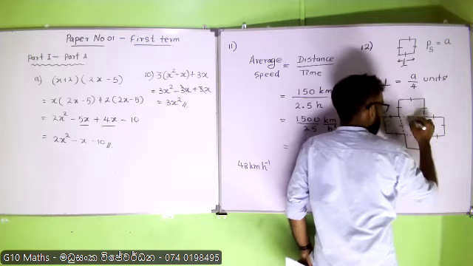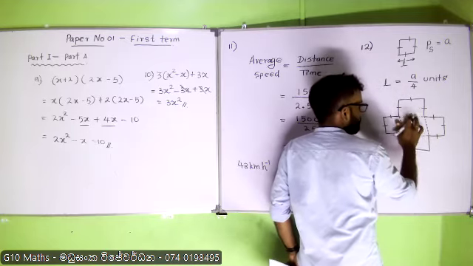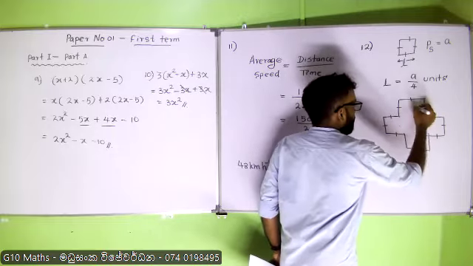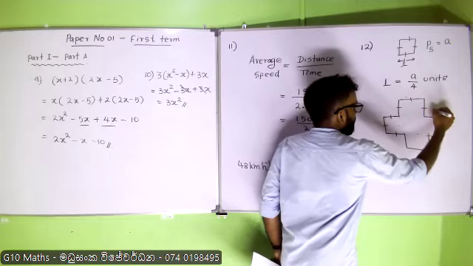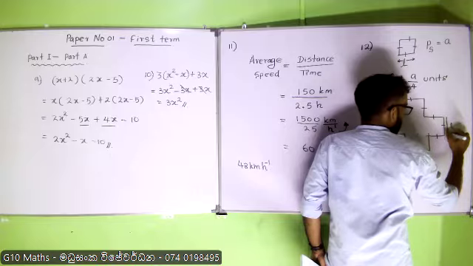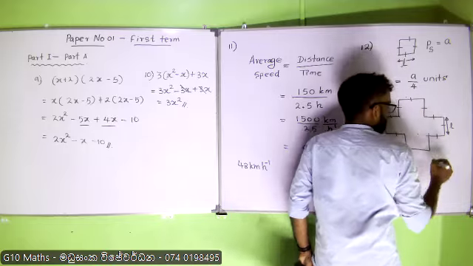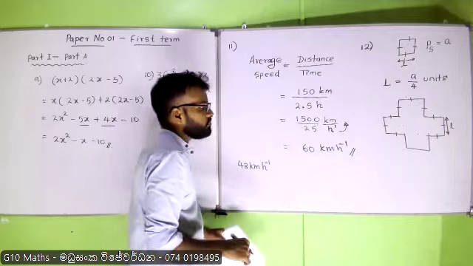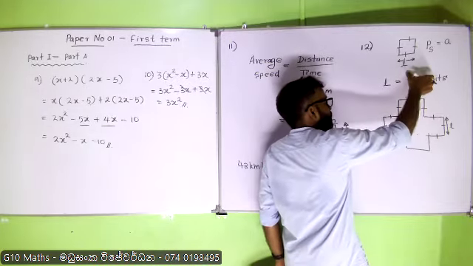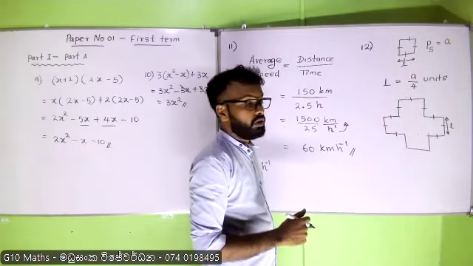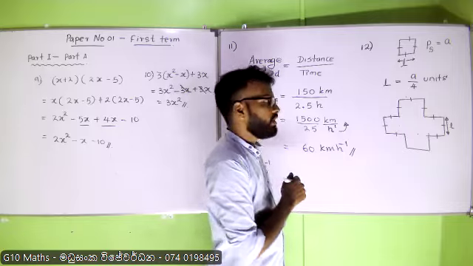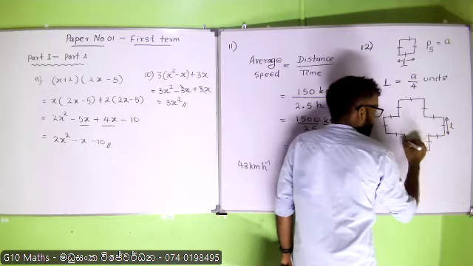Actually, inside the square is not needed. Now you know the value of this L. I will take this side length as L. You know the value of single L in terms of A divided by 4. So how many L's are there?